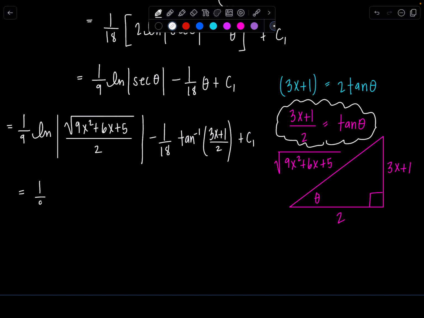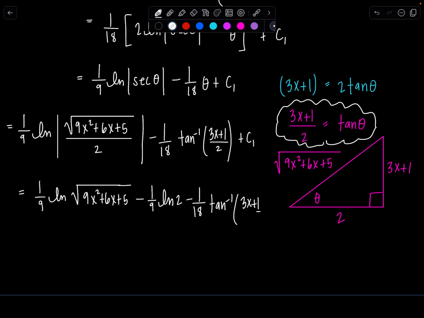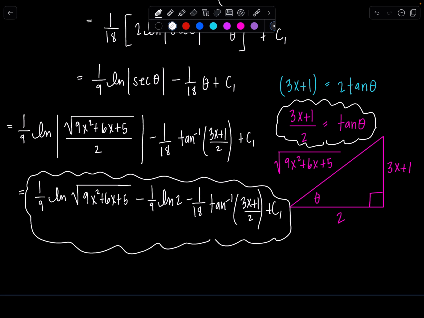I could write this as 1/9 natural log square root 9x squared plus 6x plus 5, minus 1/9 ln of 2, the 1/9 distributes, and then I have all the rest of that stuff, minus 1/18 tan inverse 3x plus 1 over 2 plus C1. Okay, so that's integral 1. Don't worry, that was the harder one. Aren't you glad we did it first? Now, integral number 2. Do you remember what it was?